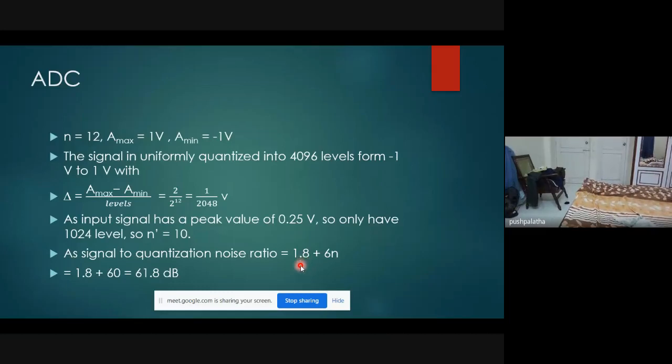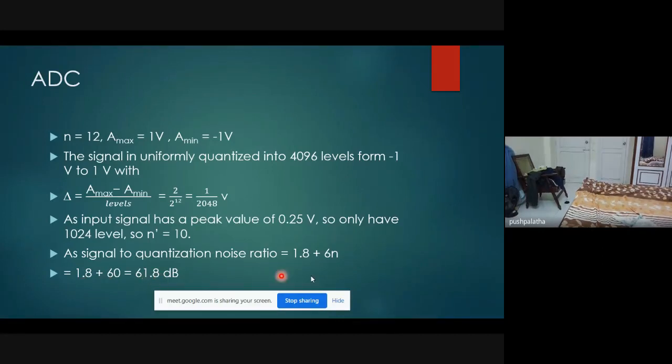I am taking 1.76 as 1.8. So 1.8 plus 6 into n, where I am taking n as 10, so 1.8 plus 60 gives you 61.8 dB.